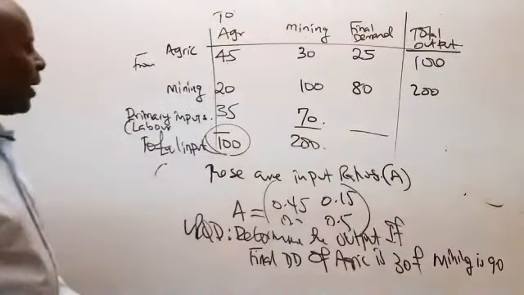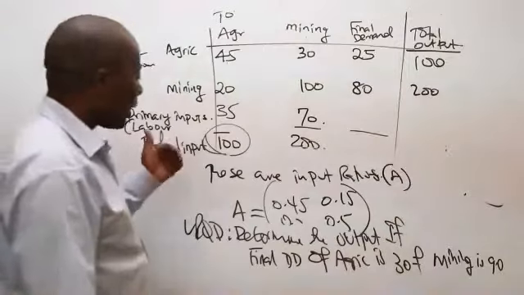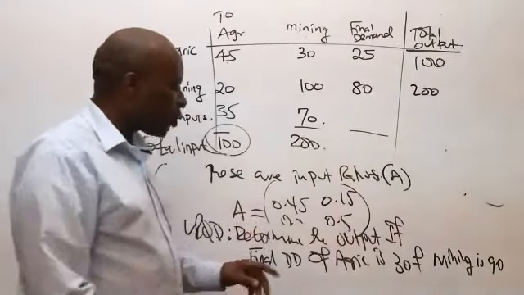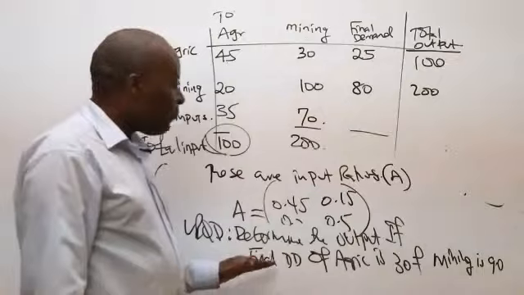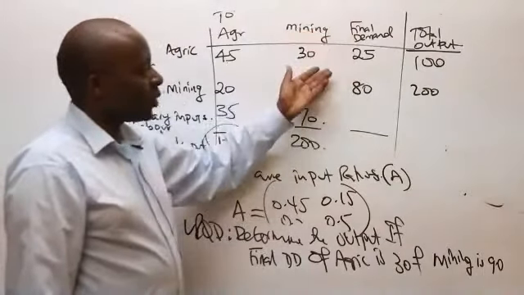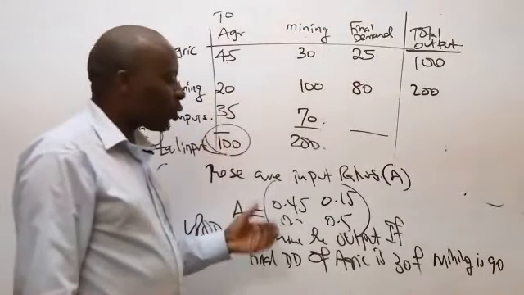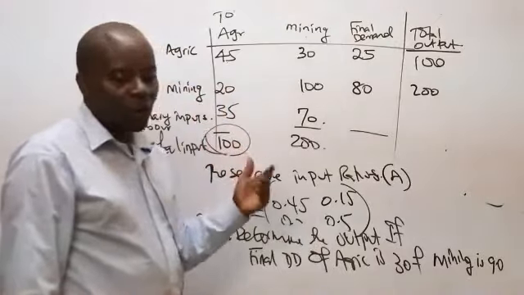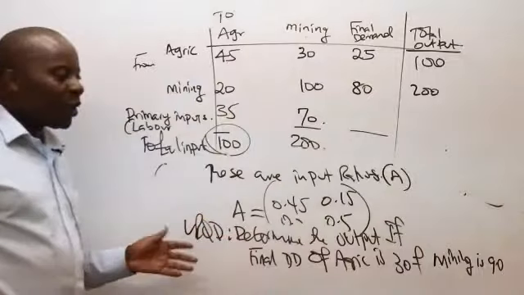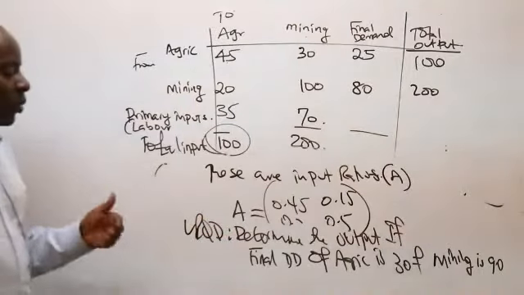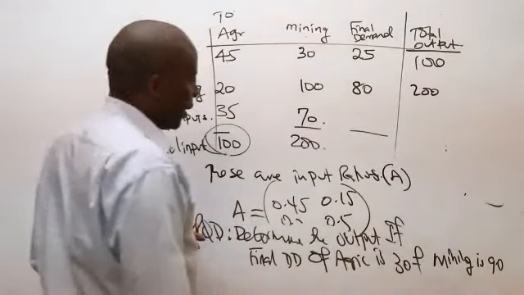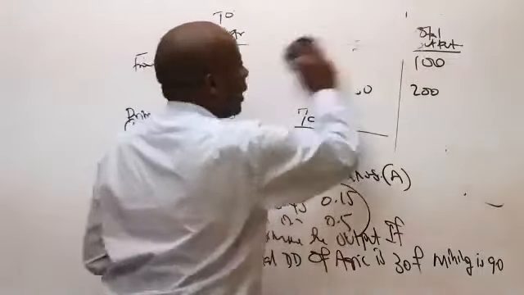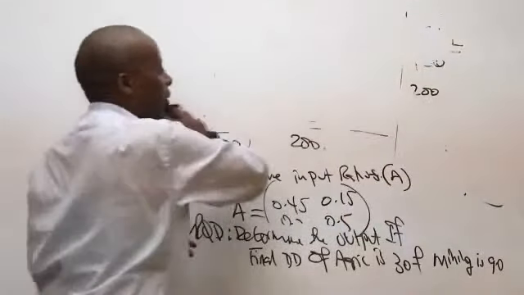So, ladies and gentlemen, remember, you'll get a situation in another requirement where the examiner tells you to determine the output if the final demand changes. You're told that it changes to 30 and 90 for agriculture and mining respectively. Then what shall you do? That is very easy. This table now is useless.